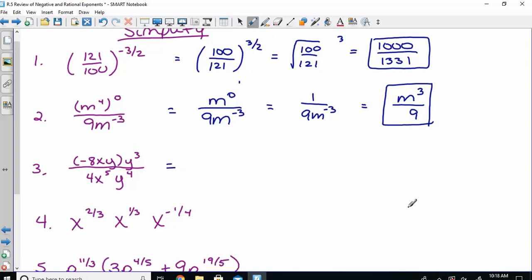All right, number 3. On the top, I have parentheses, but all of this stuff is just multiplied, and we can multiply in any order. So I can multiply these y's together. This is just a y to the 1st. So when you multiply, you add those exponents. So 1 plus 3 is 4.